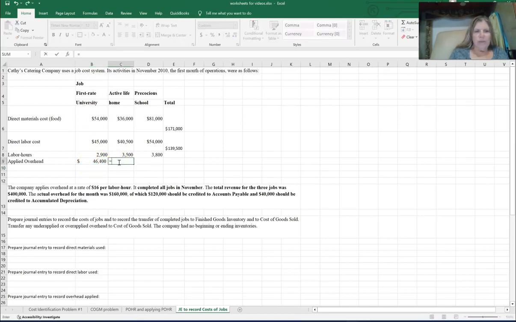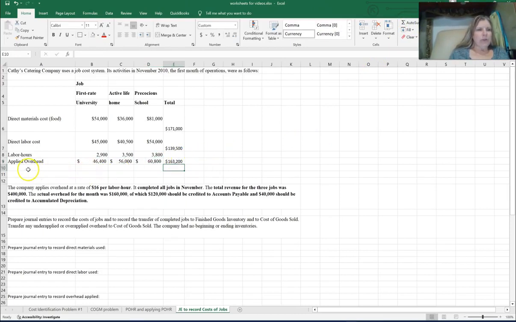And then I'm just going to do the same thing here. 3,500 direct labor hours times 16. It's $56,000. And for Precocious School, it's 3,800 direct labor hours times the $16 per hour. So that's 60,800. So now we can sum up all of these to get our applied overhead.